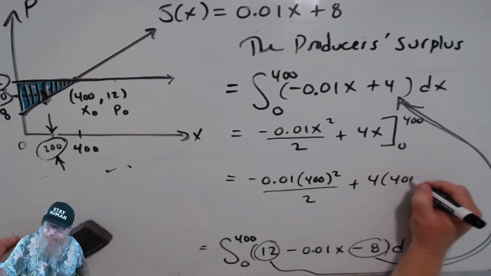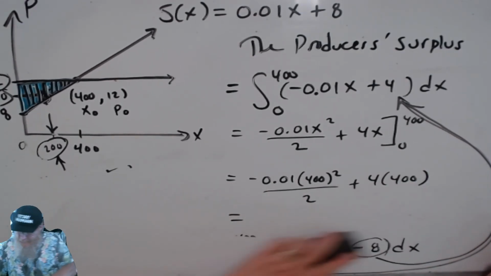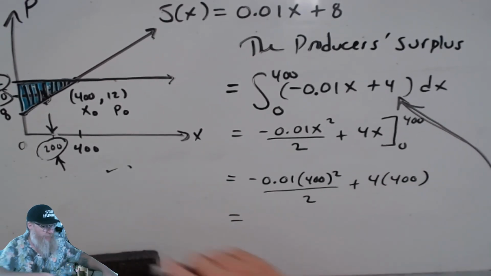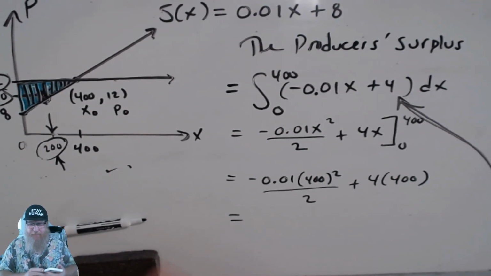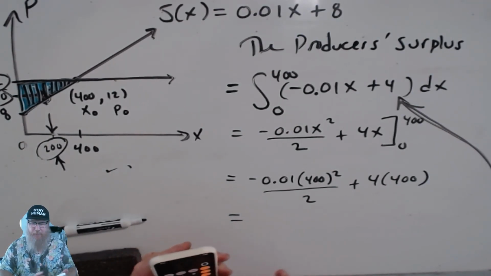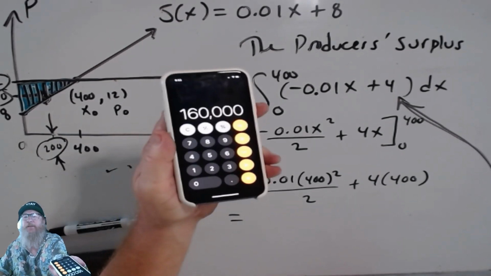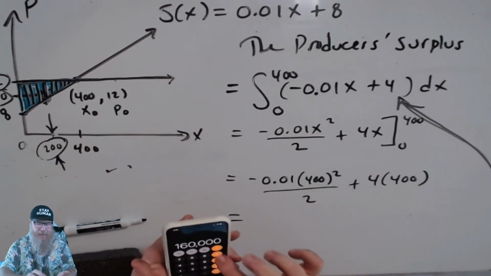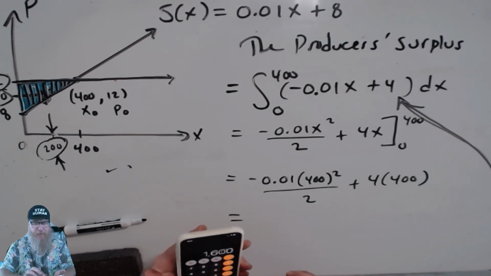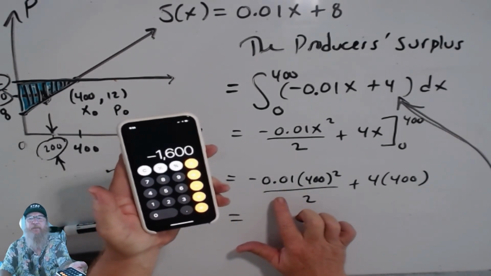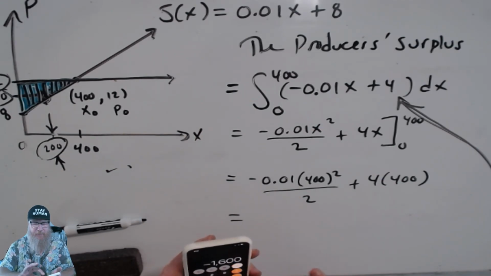And there you go. At this point, it's just a calculator problem. So we got 400 squared, I already knew what that was, 160,000 times 0.01. So negative 1,600 divided by 2.